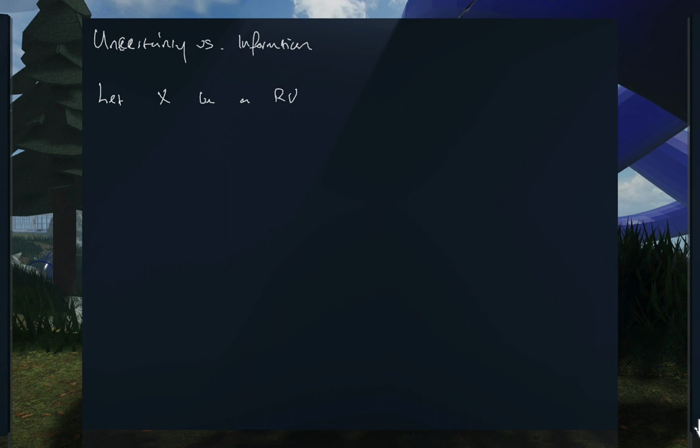and suppose, let's say this is discrete, we're highly uncertain about the values of this random variable. So a way to formalize this is to express this in mathematical language. We might say we're uncertain about X by definition if and only if it takes many different values with similar probabilities.